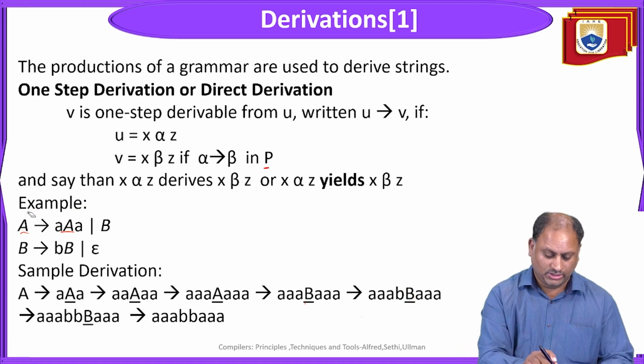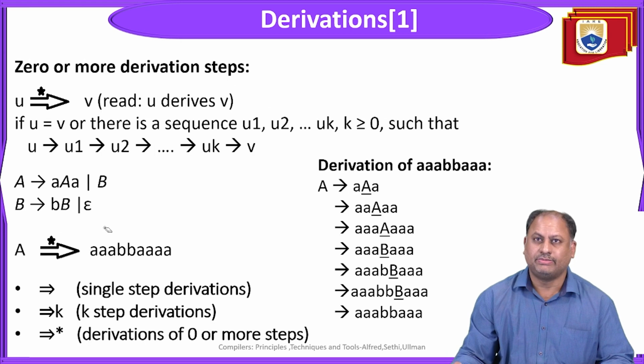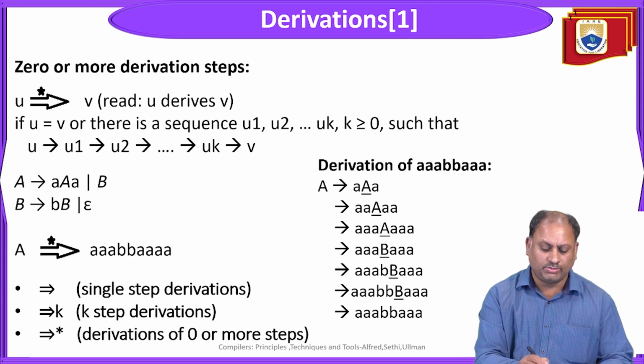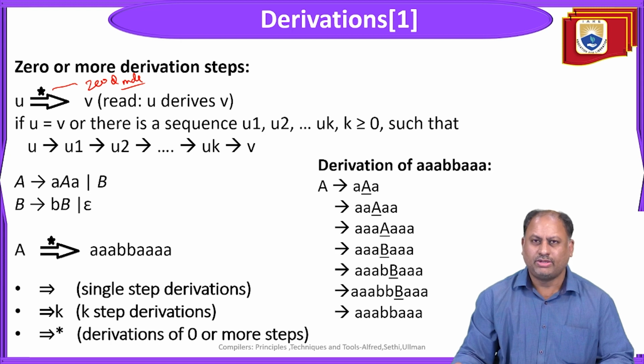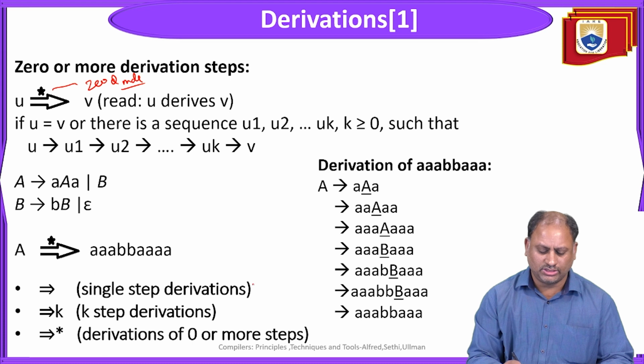Let us see the derivation types. In this process of derivation, we may apply star, indicating 0 or more derivation steps. 0 or more derivation steps means, sometimes we may get the derivation within one step, that is called a single step.